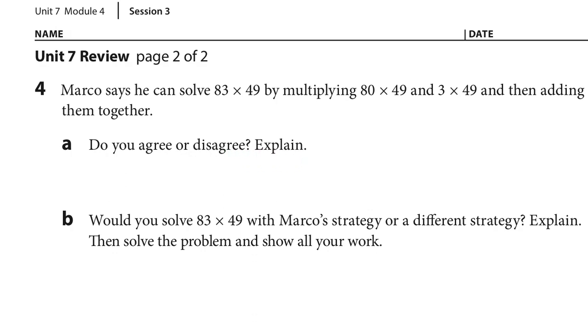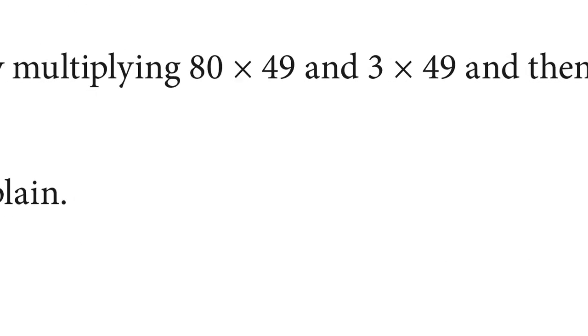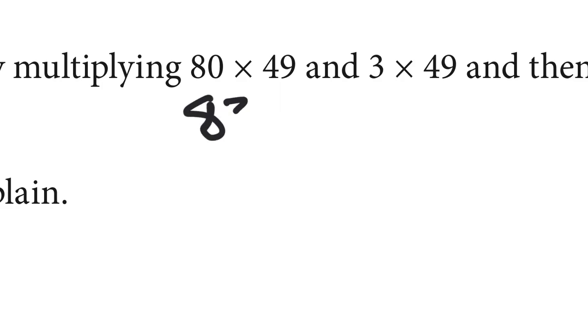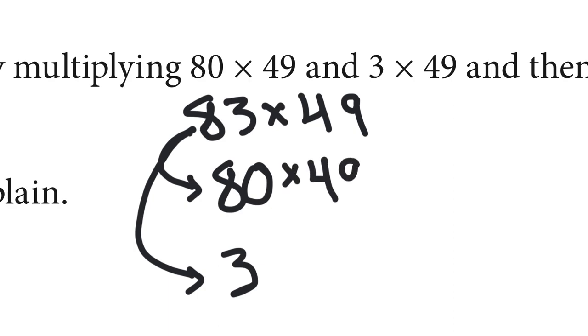Our original says 83 times 49, and he's breaking this 83 into 2 chunks, an 80 and a 3, but keeping the 49. Isn't that grouping?